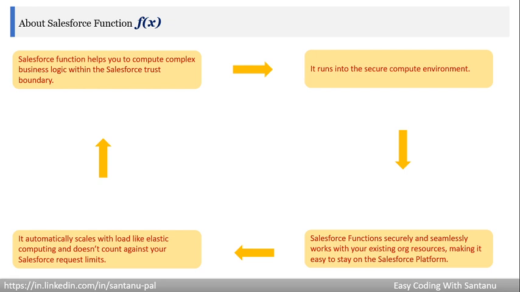Now the most important thing is that in the Salesforce platform or in our Salesforce org, the main language to get the data or to get access is Apex, you know, right? But Salesforce Functions is beyond that. With Salesforce Functions, we can use industry programming languages.